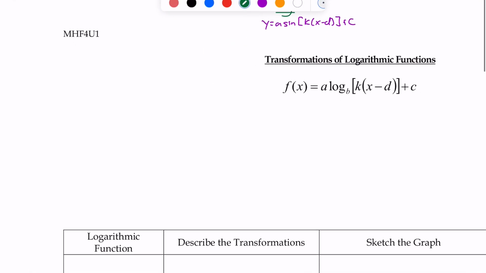So that means the A is going to cause any vertical stretch or compression, and the reflection over the x.